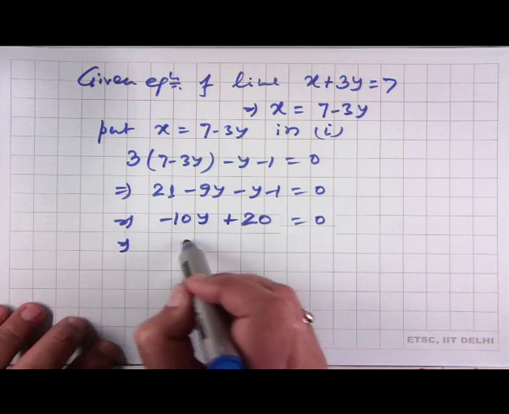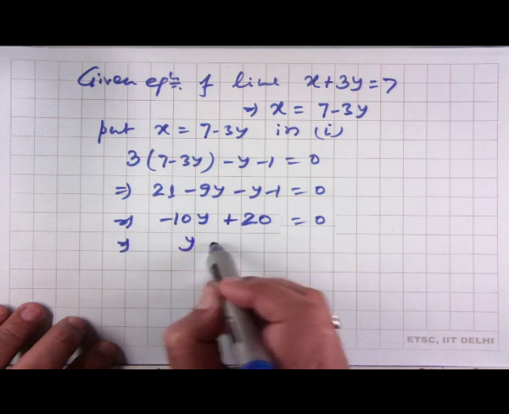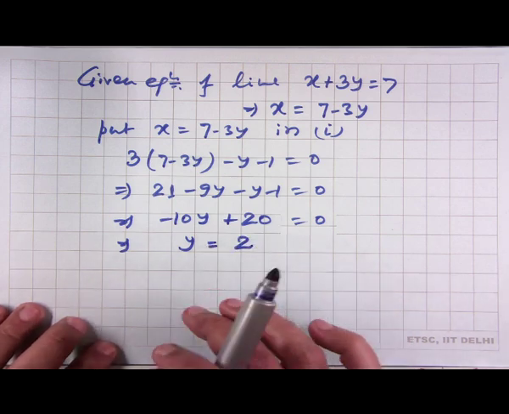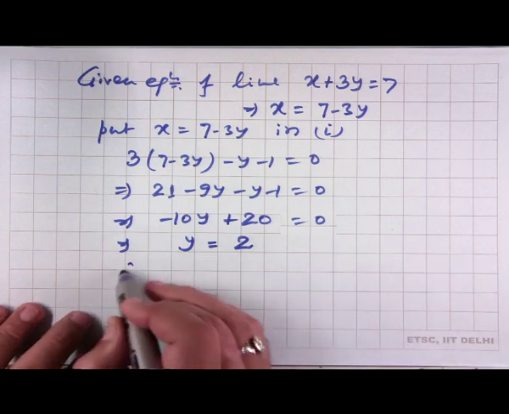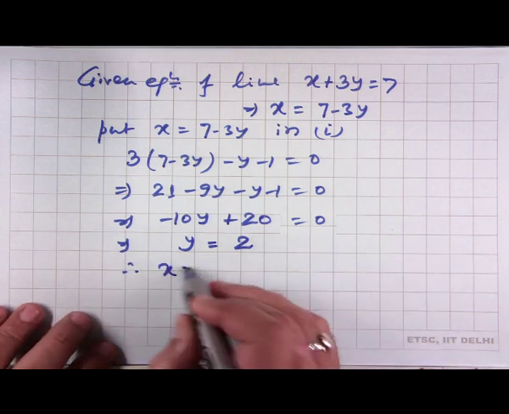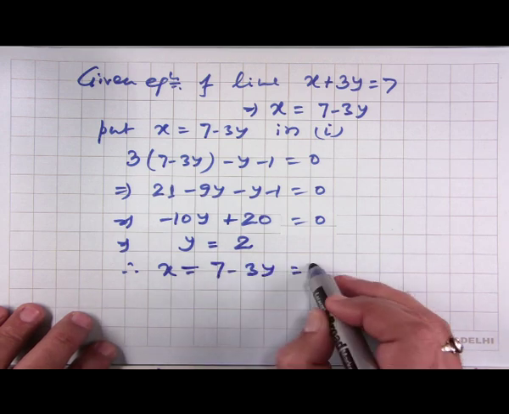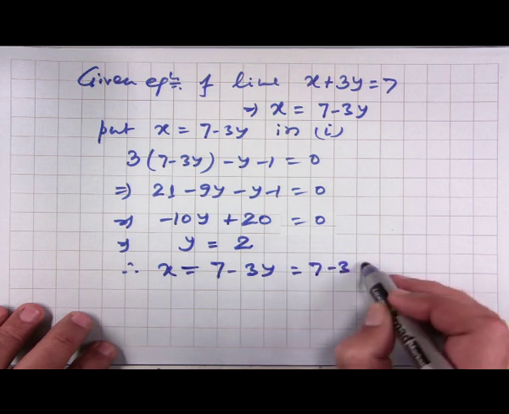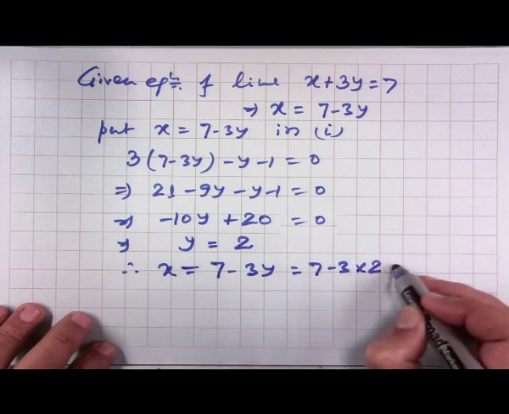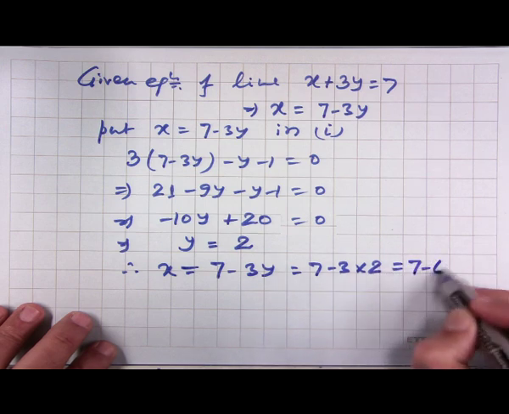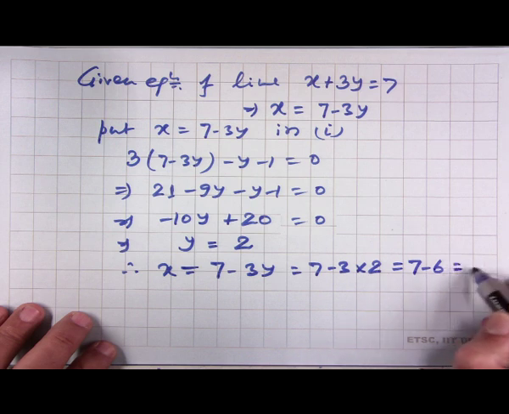This implies y is equal to 2. So x is equal to 7 minus 3y. 7 minus 3 into 2 means 7 minus 6 equal to 1.